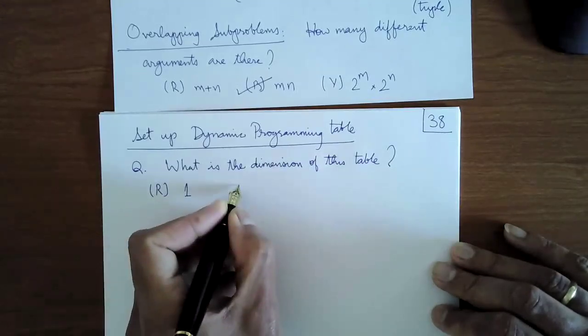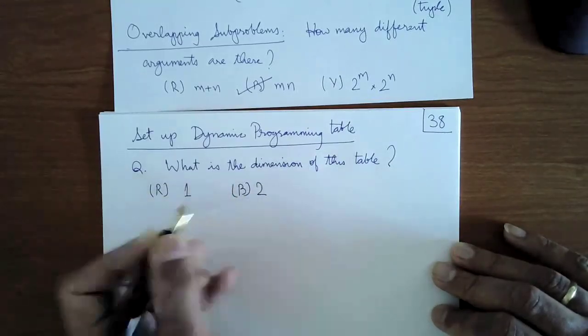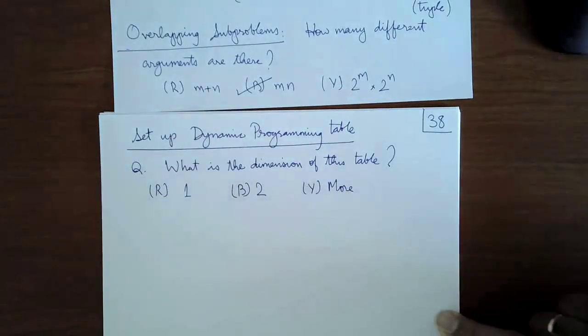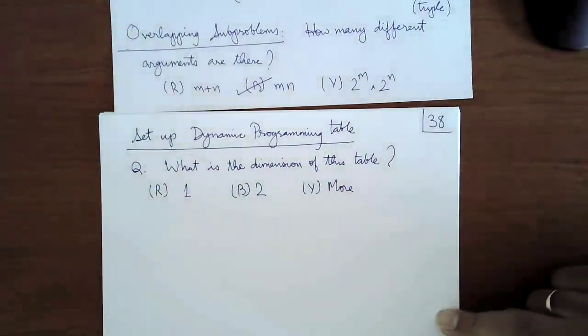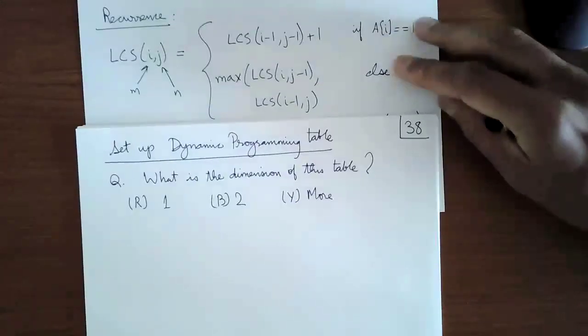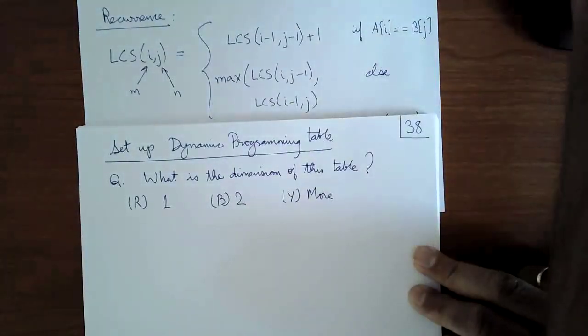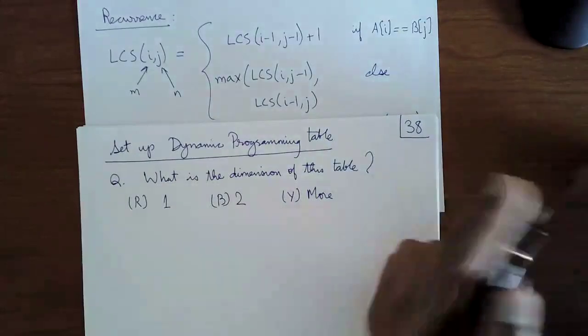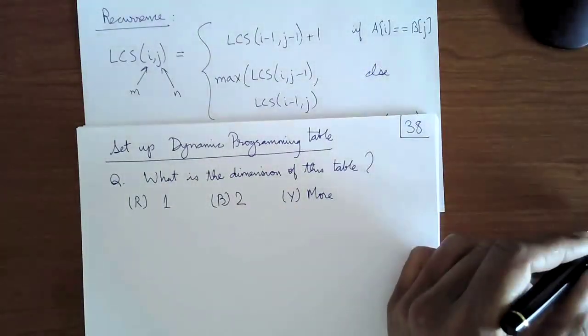Is it going to be 1, 2, or more? So remember, we have a dynamic programming table, given you have this recurrence. What is the dimension of this table?